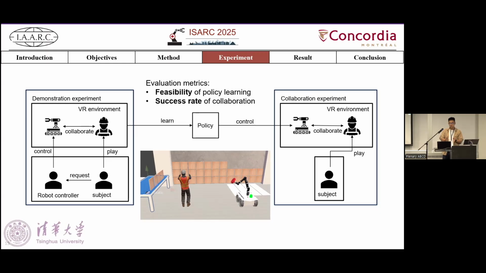After this phase, their actions are used to generate a policy. And in the collaboration experiment, the participants play the role of the worker, and they collaborate with the robot that is controlled by the learned policy. And we evaluate the whole system based on two metrics: the feasibility of the policy learning and the success rate of the collaboration.